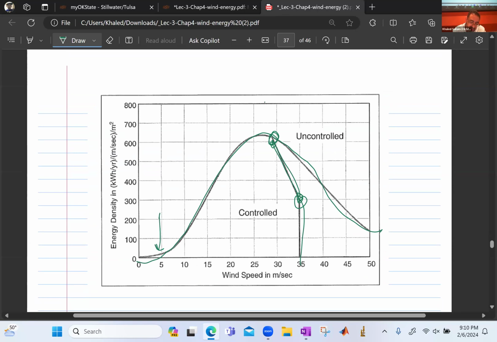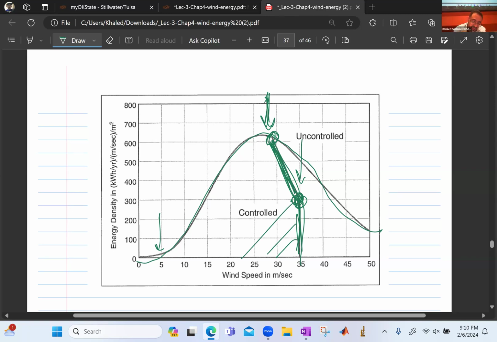So from here to here, you get everything that is available in the wind. And from here to here, you are reducing yourself by that CP, right? So that you can get the rated power. And after that point, there is nothing, right?